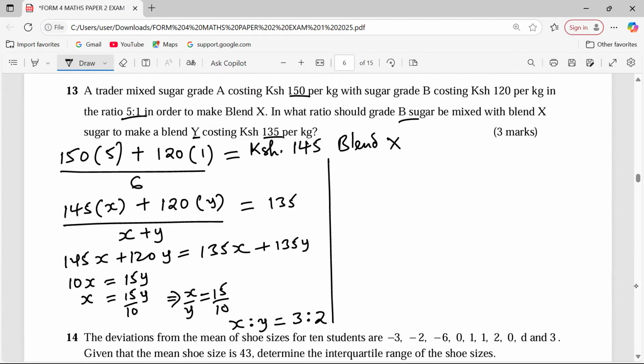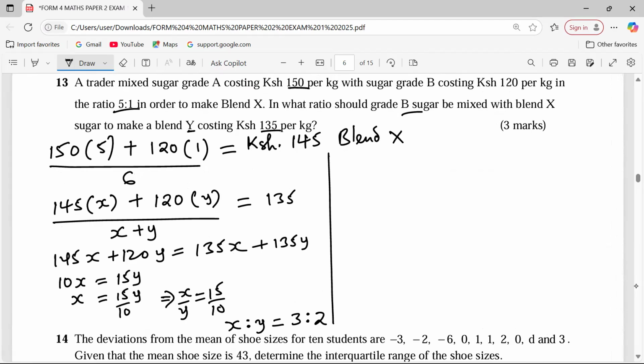From this point, allow me now to say that there is an alternative that we can use to approach this question, whereby we can say X is costing 145, B is costing 120. We want to mix them to get Y costing 135. So we can just get the differences. 145 minus 135 gives us 10. 135 minus 120 gives us 15.